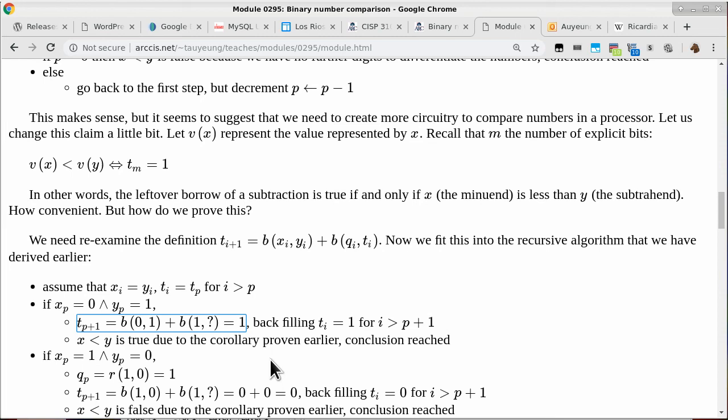And because this is an OR operation, that means we guarantee t subscript p plus 1 is a 1. Is that okay? But once we know that t subscript p plus 1 is a 1, we can now backfill t_i for i greater than p plus 1 to be all 1s.